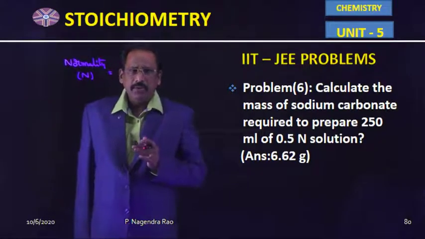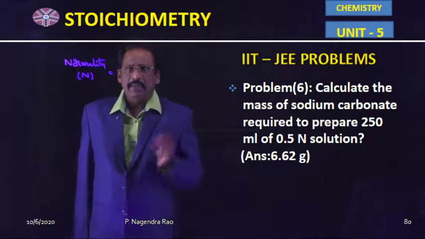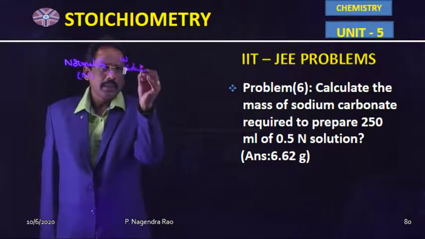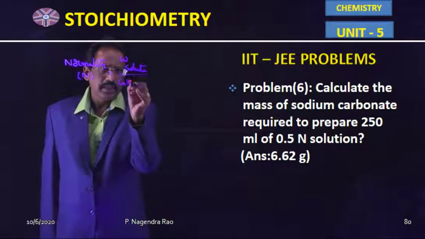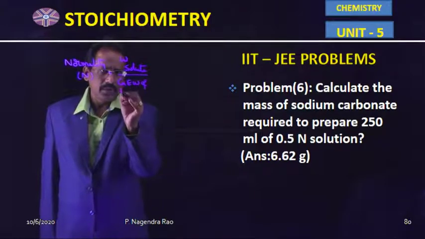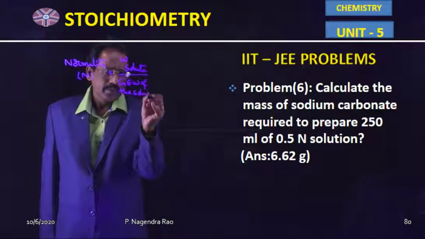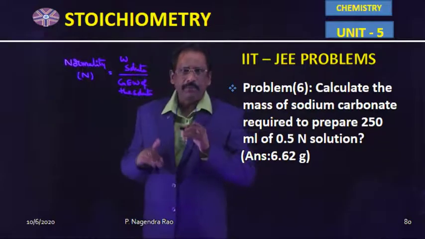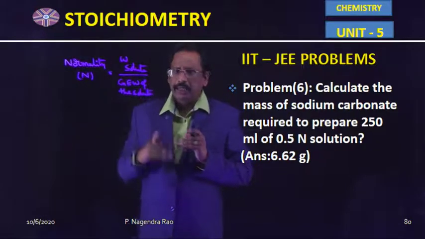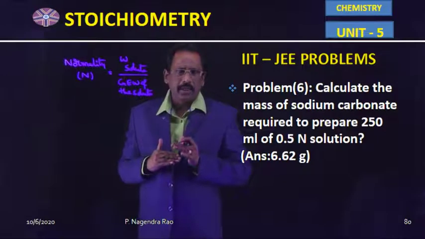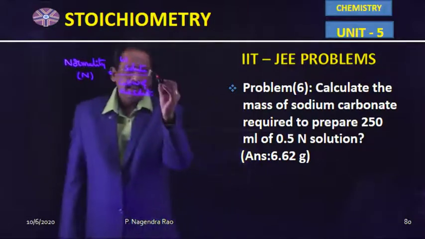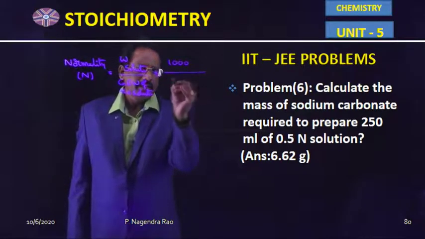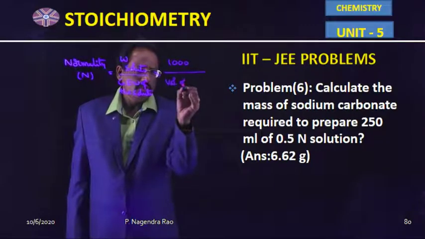The number of gram equivalents is the weight of the solute divided by the gram equivalent weight of the solute. Weight by molecular weight gives the number of gram moles; weight by equivalent weight gives the number of gram equivalents, into 1000 divided by the volume of the solution in milliliters.